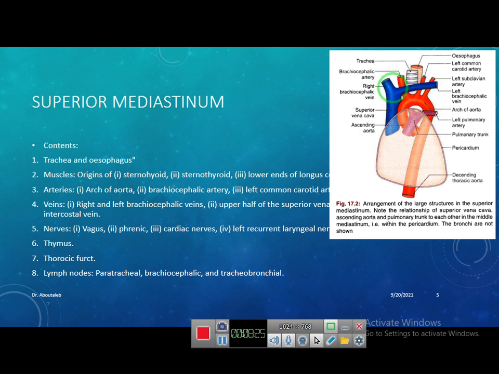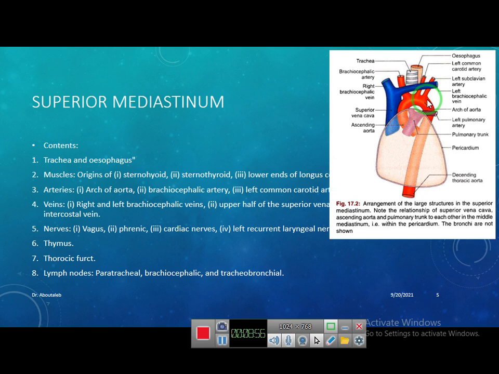The brachiocephalic artery, the first branch of the arch of aorta, is located in the superior mediastinum. And the left common carotid is the second branch of the arch of aorta, and the left subclavian artery is the third branch of the arch of aorta.